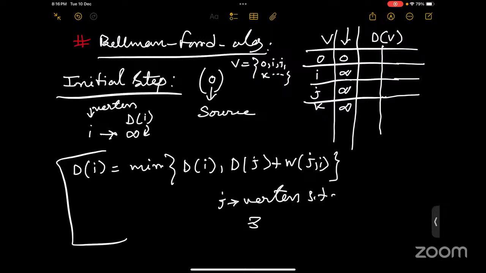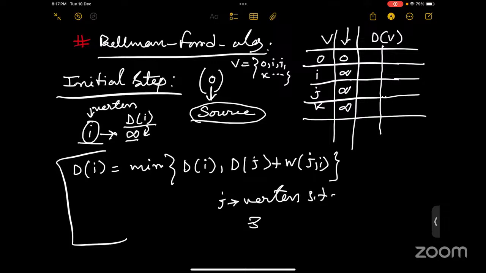So we will take 0 as the source. You can take any point as source, but here I am taking 0 as the source. That means 0 is the vertex which I'm considering as the source. For other vertices, I, j, k, which is the general notation, the distance will be infinity initially. Am I clear?